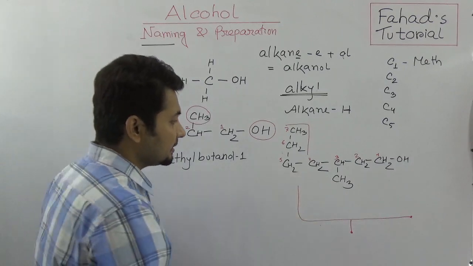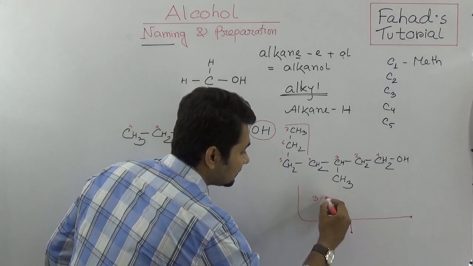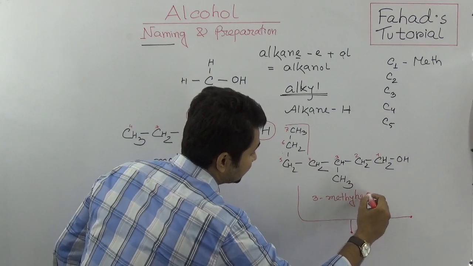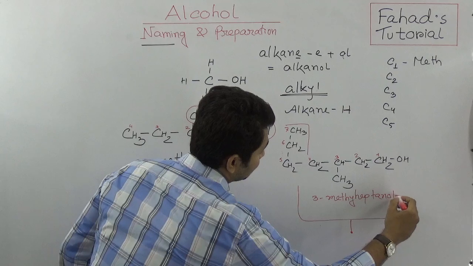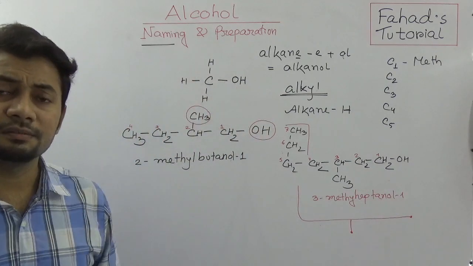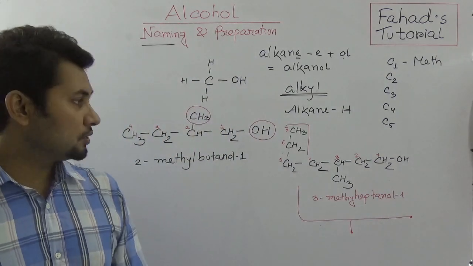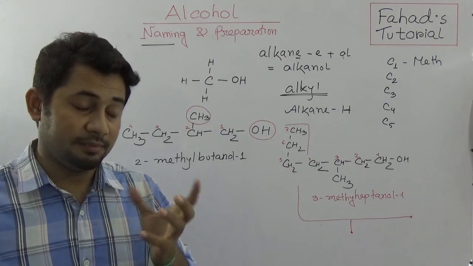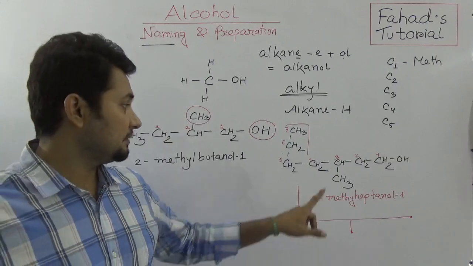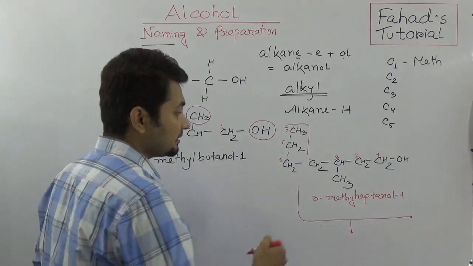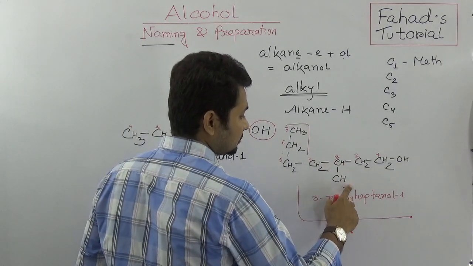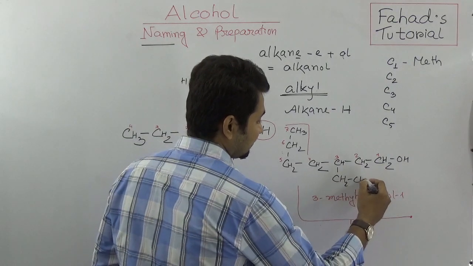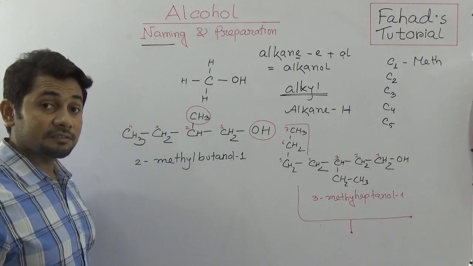So we can say this is 3-methyl heptanol 1. So this is simply, in case of hydroxyl with a branch present, if there is CH2, CH3 there, suppose here CH2, CH3, then what would be the name?